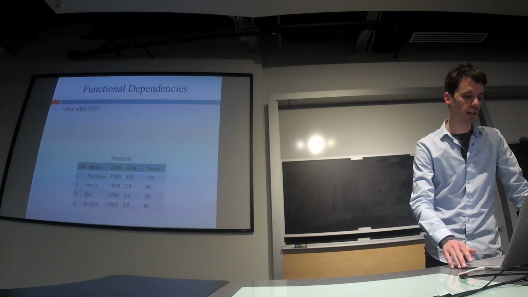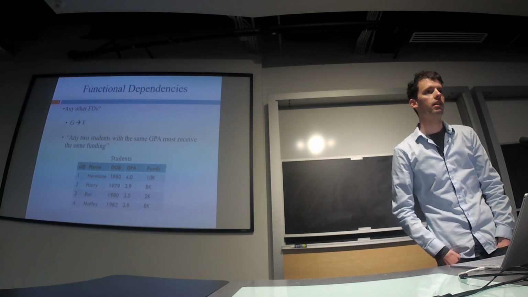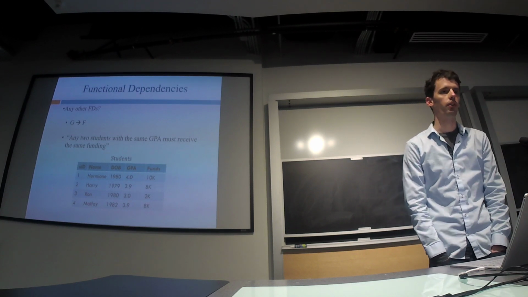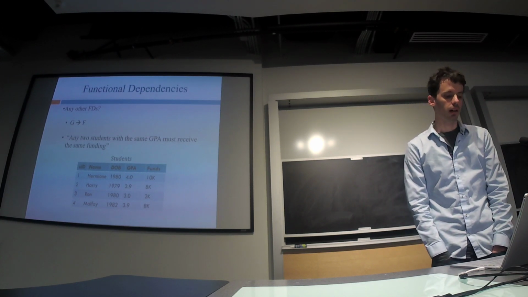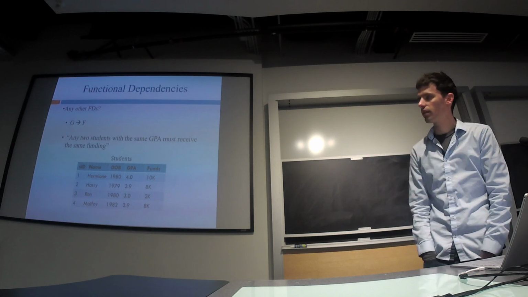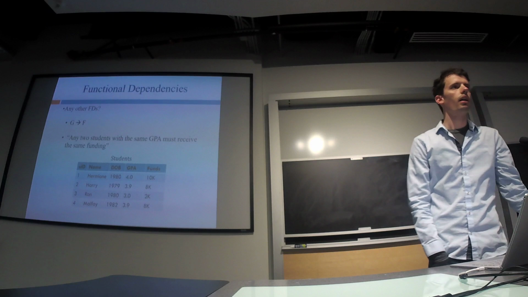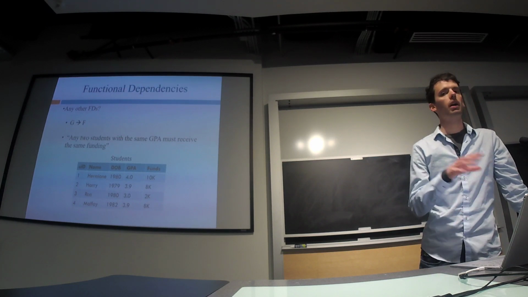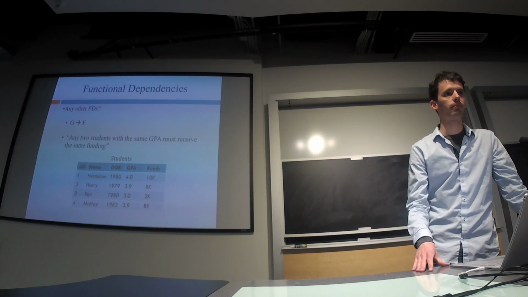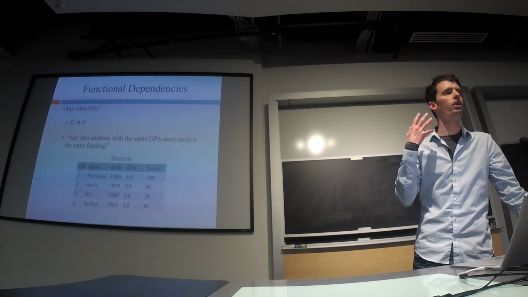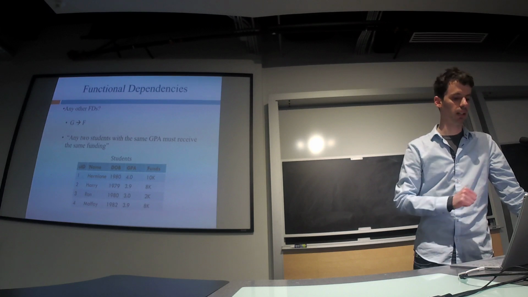So if I specified that, I would say that there is a functional dependency from GPA to funds, or G to F. The English version of that is any two students with the same GPA have the same funding. This is just a functional dependency that I have said we should have in our table.